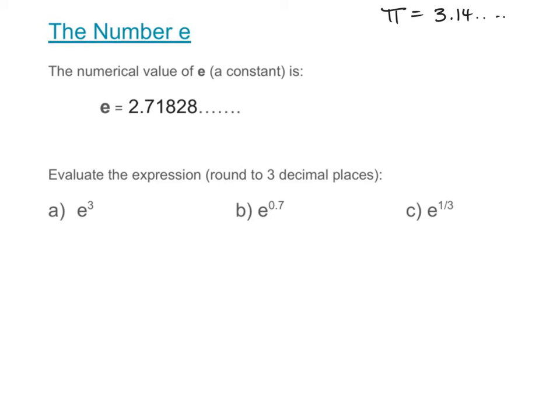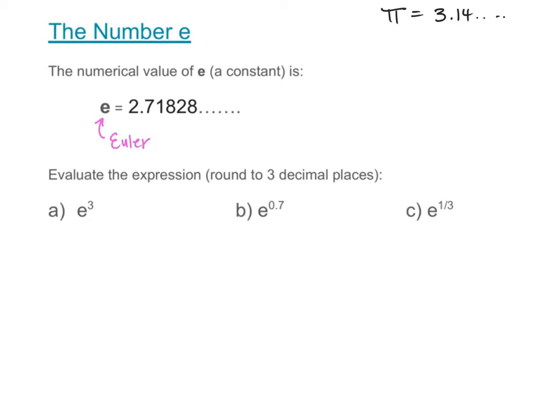So because it crops up a lot in nature, we have to create a symbol that represents this very obnoxious number. So in this case, we use the letter e to represent it because the person who discovered it and gave it its name was a man named Euler. And so, e is for Euler.